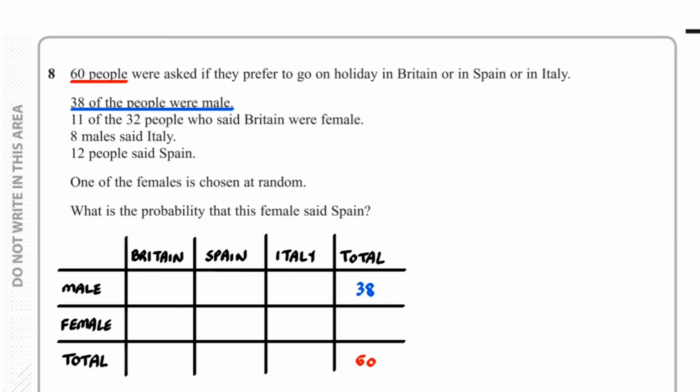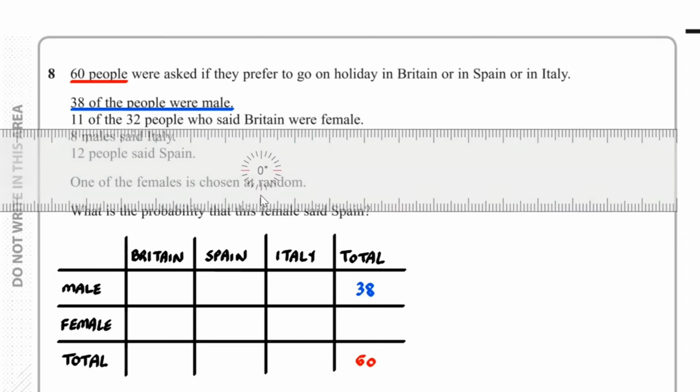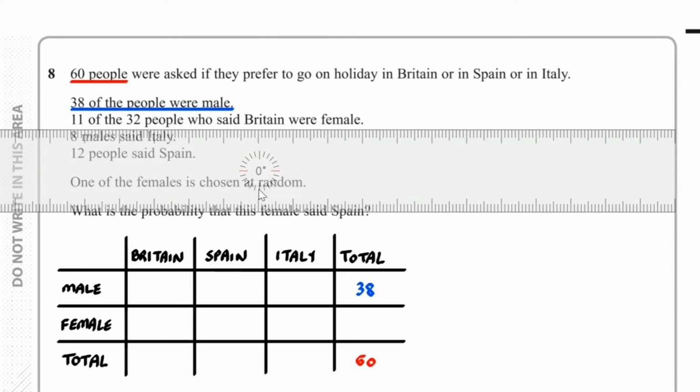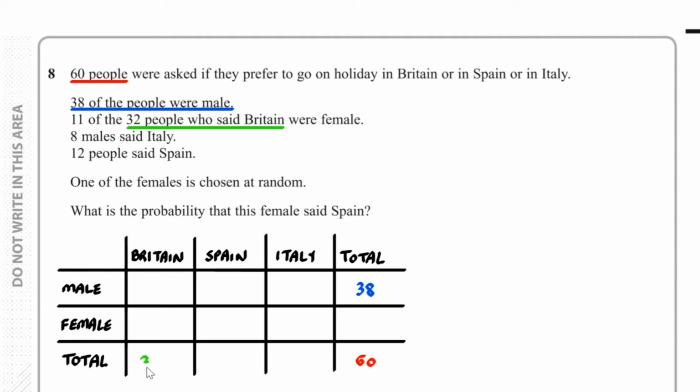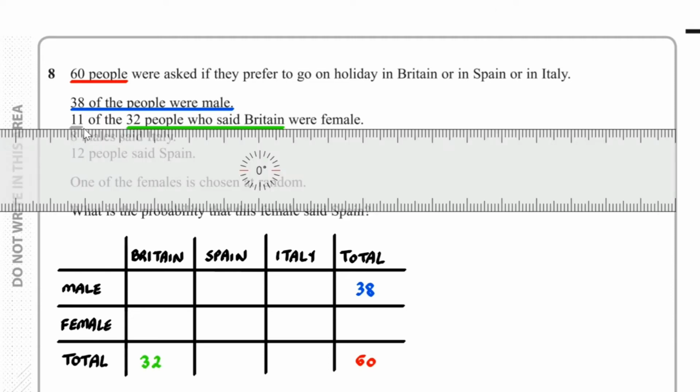We know as well that 11 of the 32 people who said Britain were female, so that tells us that there's 32 people who said Britain, and of those 32, 11 of them were female.